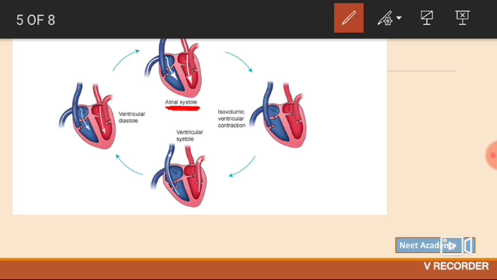This is the atrial systole, and after this we'll be seeing the ventricular events in this picture. So focus on the ventricular events. First we see isovolumetric ventricular contraction, then the ventricular systole, and then the diastole.